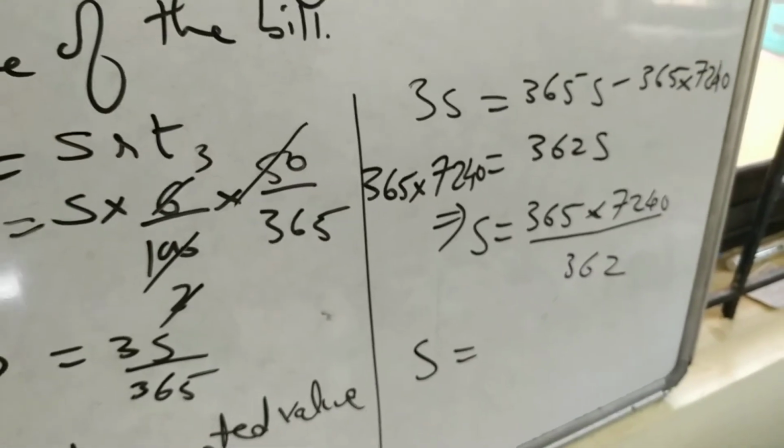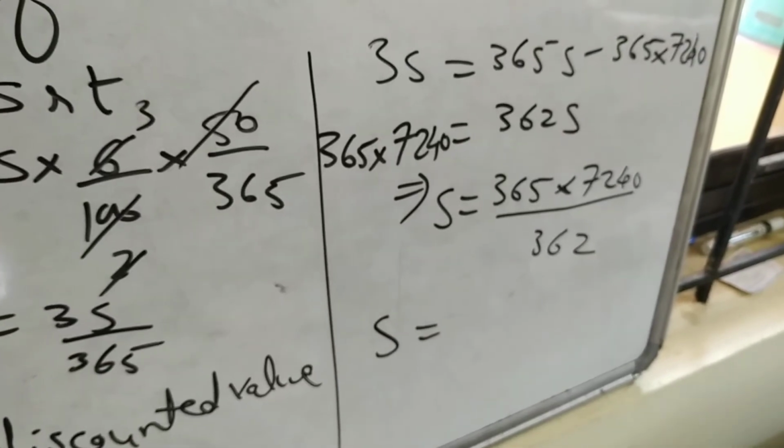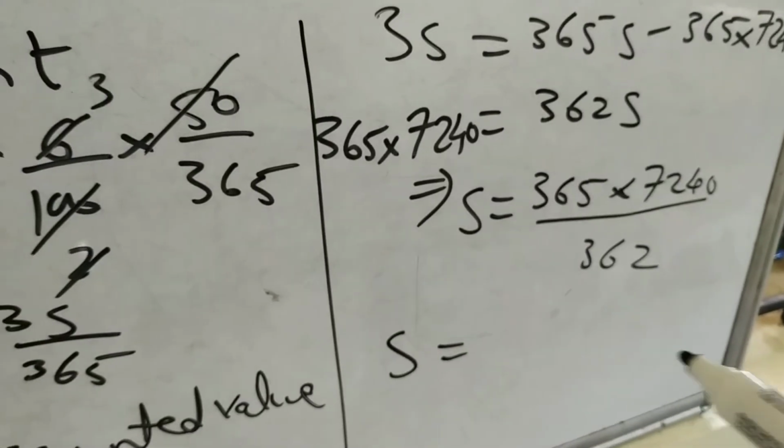So let us cancel this fraction. 365 into 7240, just calculate this. I'm doing orally.